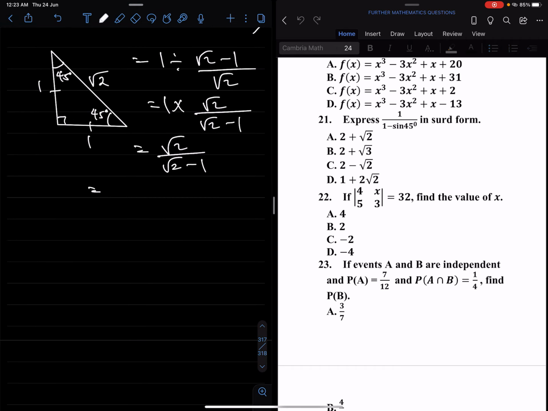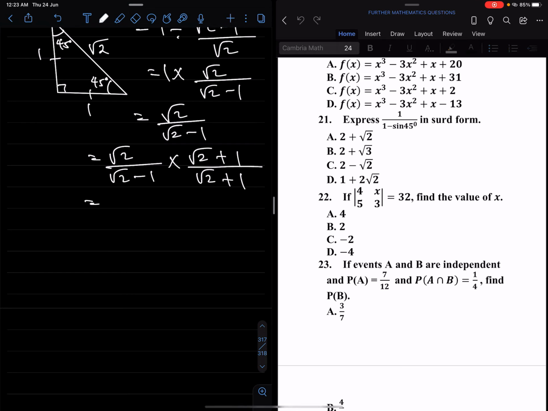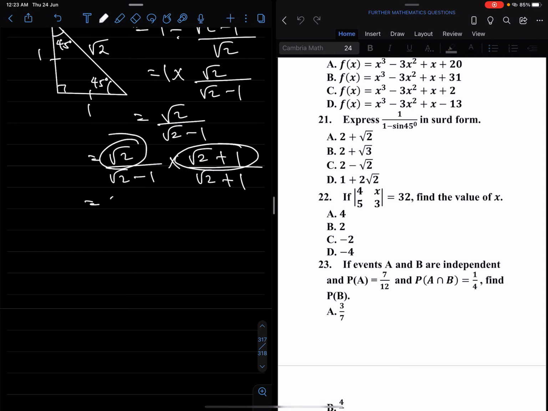And now we rationalize by multiplying the numerator and denominator by the conjugate of the denominator. The conjugate of the denominator is root 2 plus 1. So now root 2 times root 2 plus 1 is the same as 2 plus root 2.